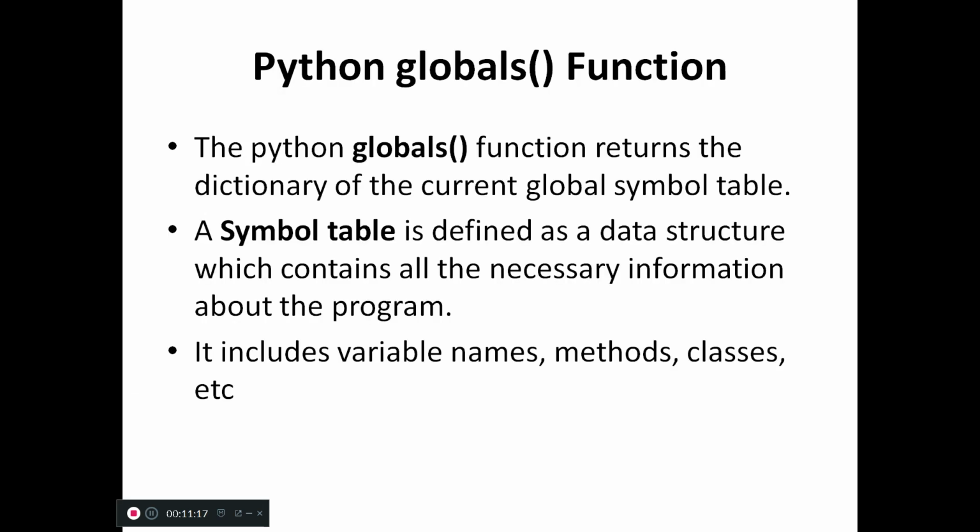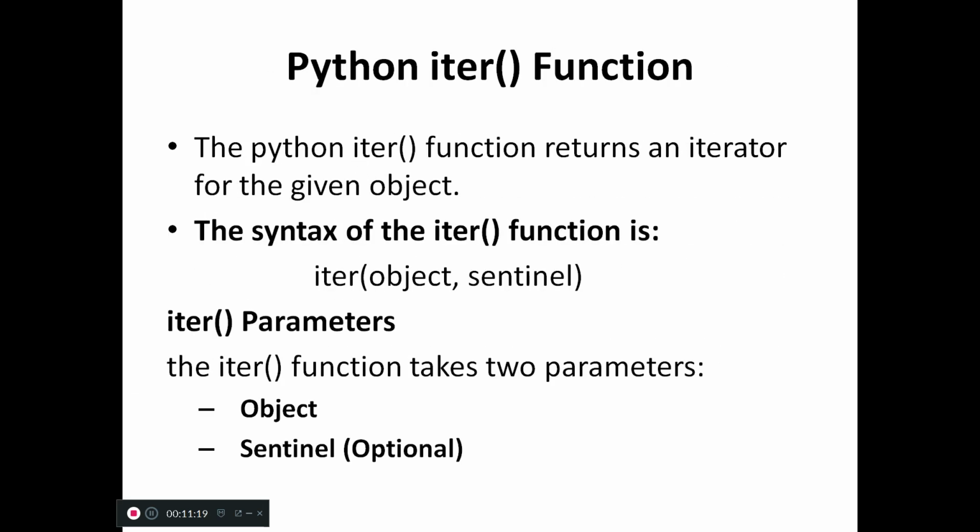Right. We go to the next topic, that is the iter function. The Python iter function returns an iterator for the given object. The iter function creates an object which can be iterated one element at a time. These objects are useful when coupled with loops like for loop, while loop.